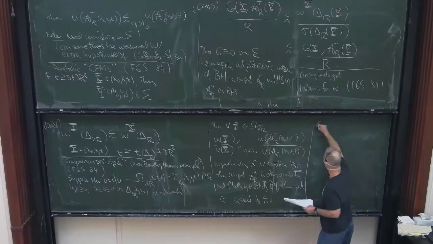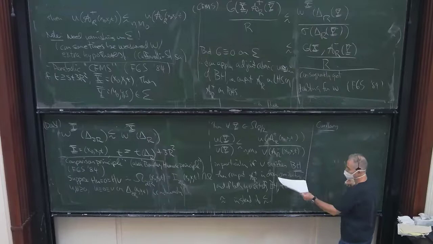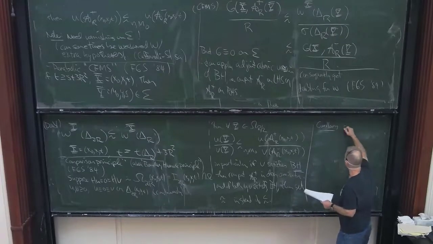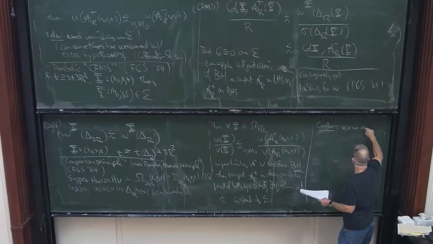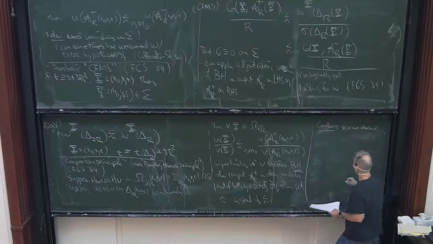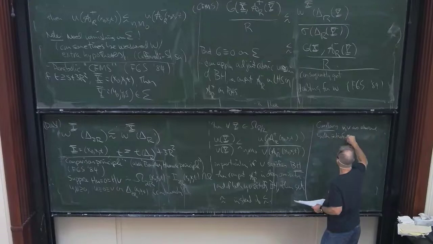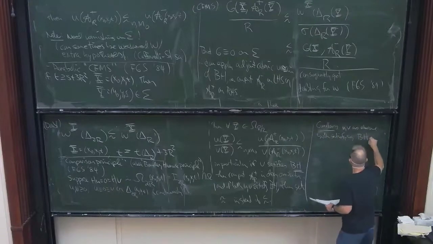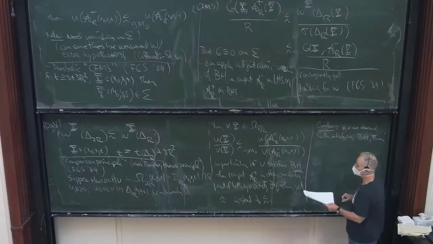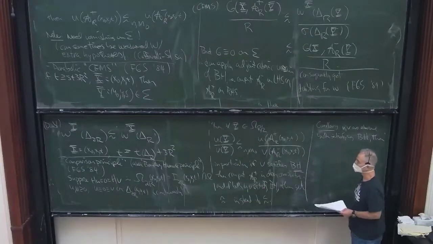And as a corollary of that, if both u and v are as above, non-negative solutions, et cetera, both satisfying backward Harnack, then the ratio is actually Hölder continuous up to the boundary.